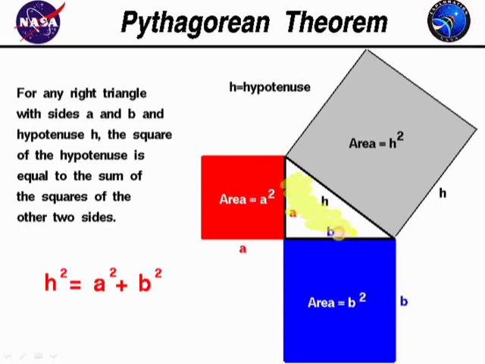What kind of triangle is this? This is a right angled triangle, and this angle is always 90 degrees. In a right angle triangle, one of the angles is always 90 degrees, and the side opposite to 90 degrees is always called the hypotenuse. This is the main thing that you need to keep in mind.